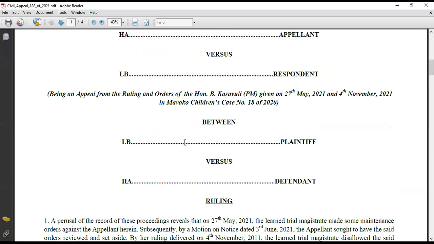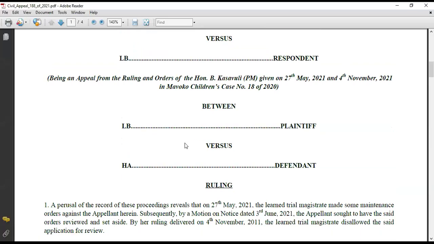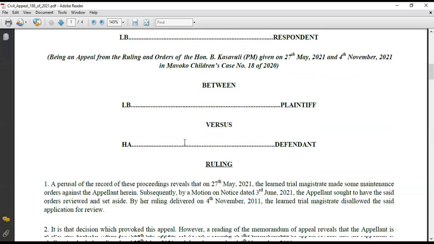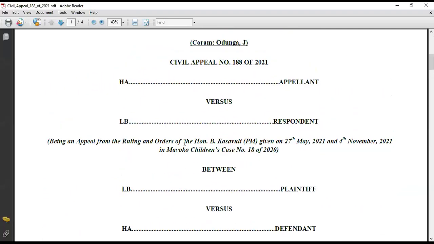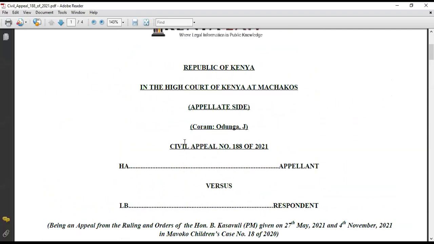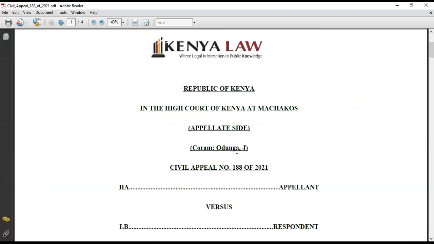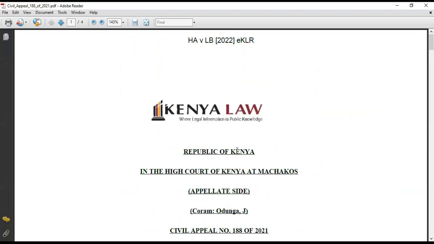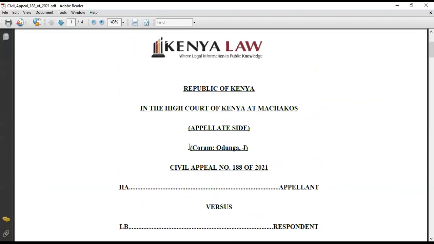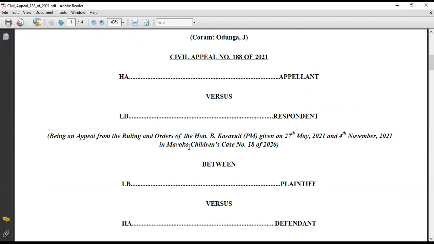So this is Civil Case 188 of 2021. The parties are HA versus LB. In fact, this case law is the basis of the question.